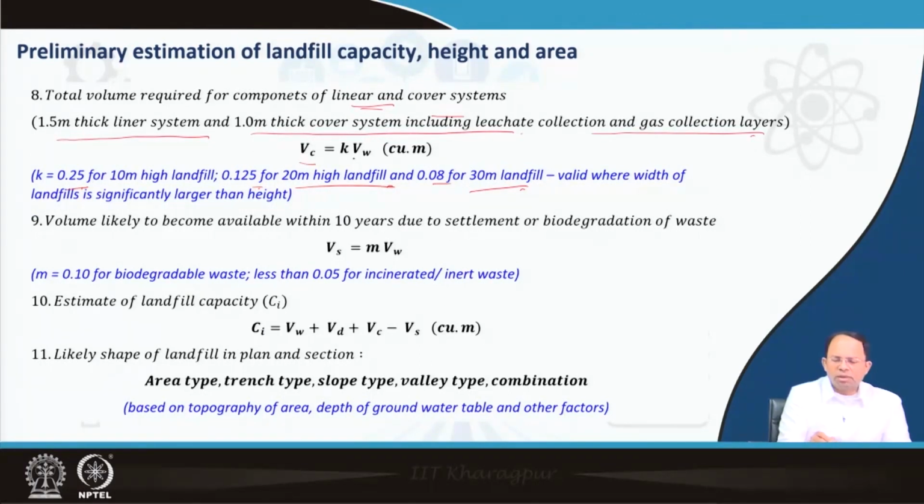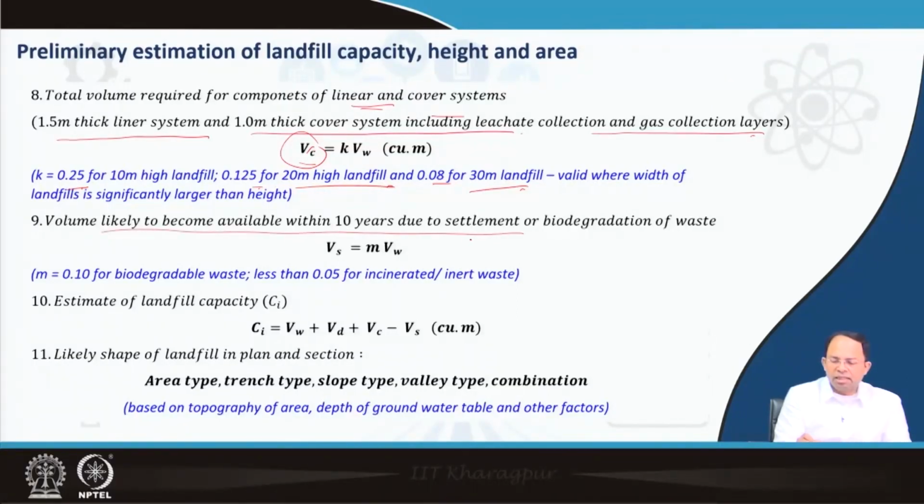So in most cases it would be safe to assume a value of 0.25, and we can say that we require another 25% of the volume of waste for liners and covers in a landfill site.